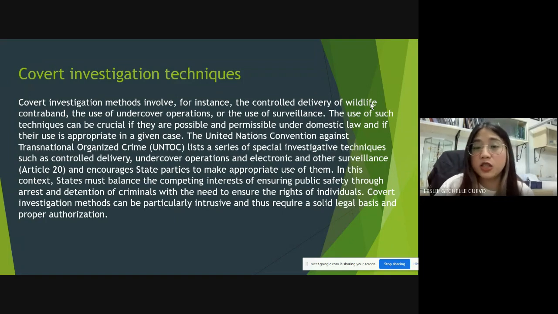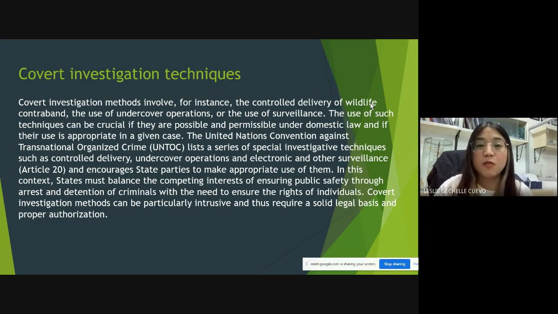The use of such techniques can be crucial if they are possible and permissible under domestic law and if their use is appropriate in a given case. The United Nations Convention Against Transnational Organized Crime lists a series of special investigative techniques such as controlled delivery, undercover operations, and electronic and other surveillance and encourages state parties to make appropriate use of them.